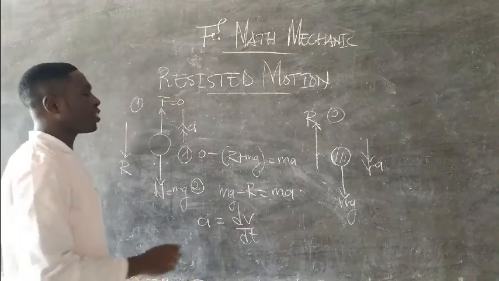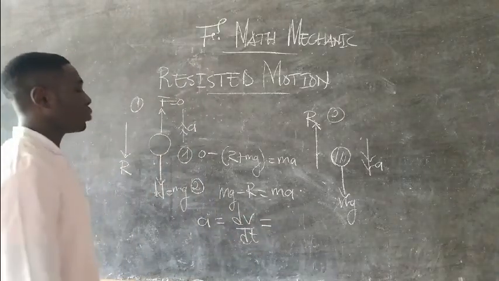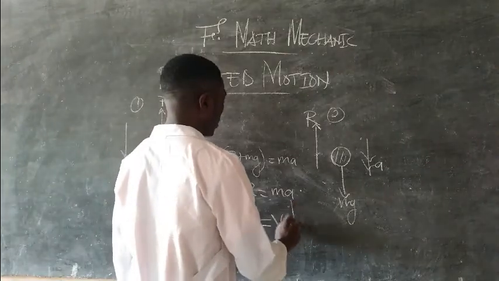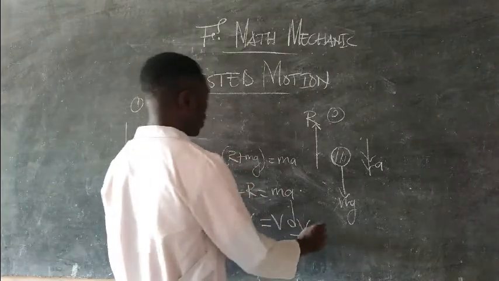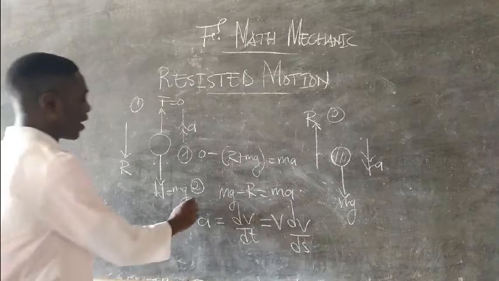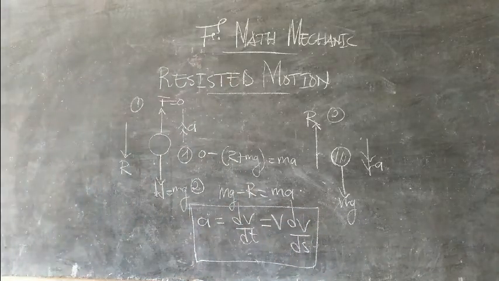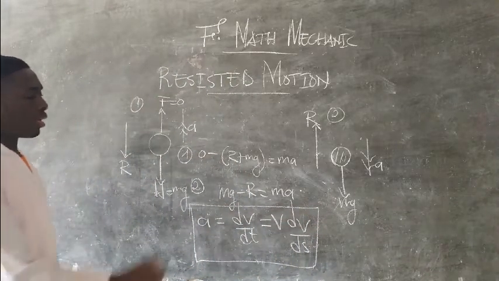And if you have been given a question which requires you to look for distance, you are going to use acceleration as v dv/ds, where s is the distance moved by the particle. So it is very important for you to note this formula, because you're going to be using it as you move along.